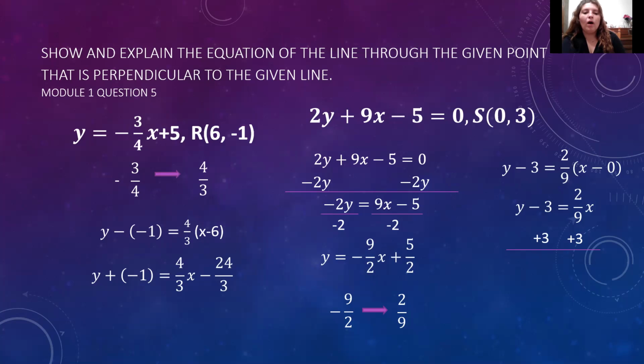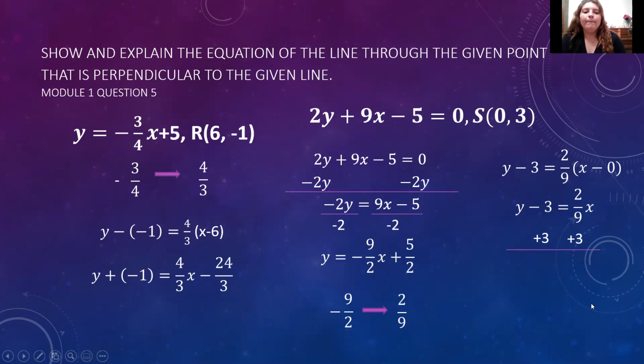So it's going to read y minus -1 is equal to 4/3 times x minus 6. And then once you distribute that 4/3 over to the x and to the 6, our perpendicular line is going to be y minus 1 equals 4/3 x minus 34 or 24/3.